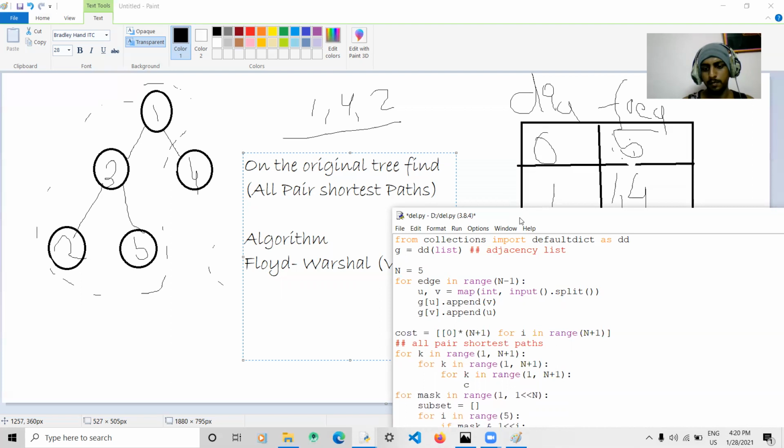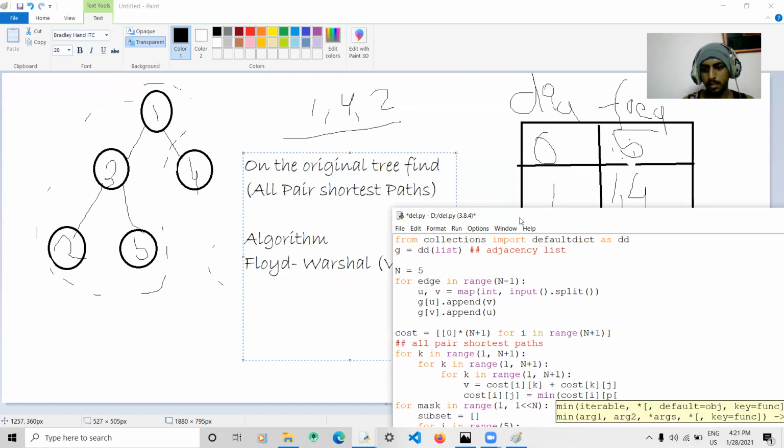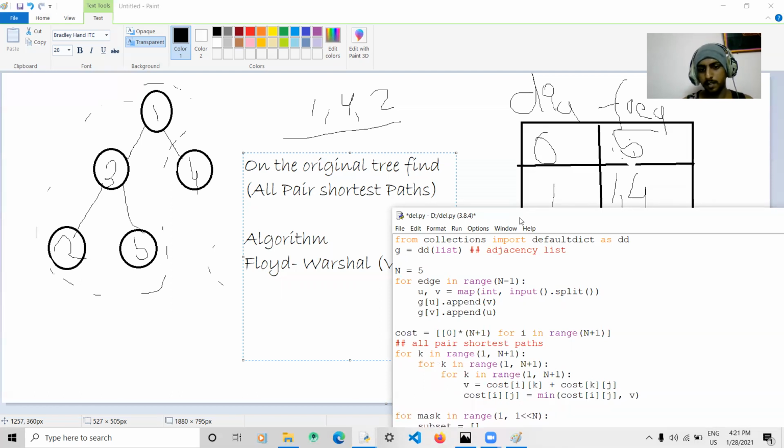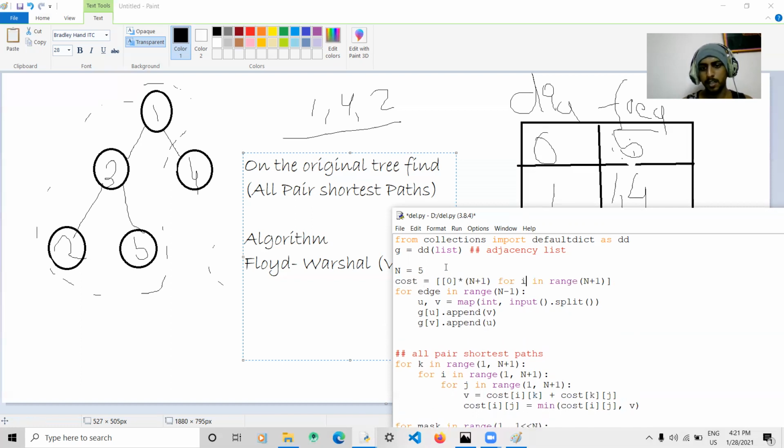You know how Floyd Warshall works: you simply say cost i to k plus cost k to j, and your cost i to j is always the minimum of cost i to j and that sum. You're basically saying minimize my cost of traveling. I will call this i, call this j, and this will be way above here, and it won't start with 0, it will start with float infinity.